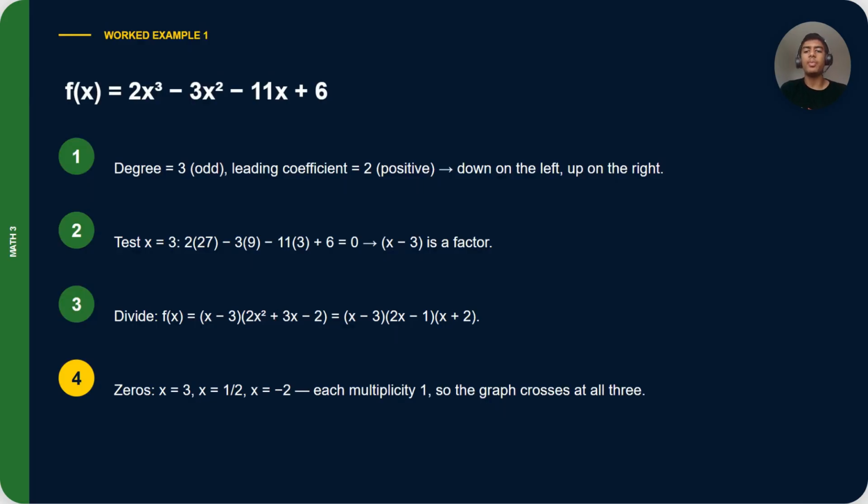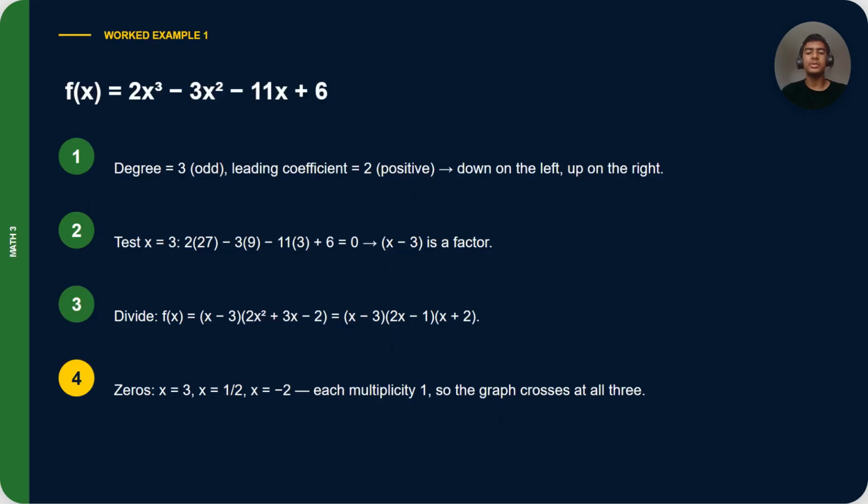First example, degree. That's odd. Leading coefficient is positive 2. So off the rule table, down on the left, up on the right. Lock that in first, before we even factor anything. Now to zeros. This is where most people mess up. Watch this step. We test small integers using the equation directly.